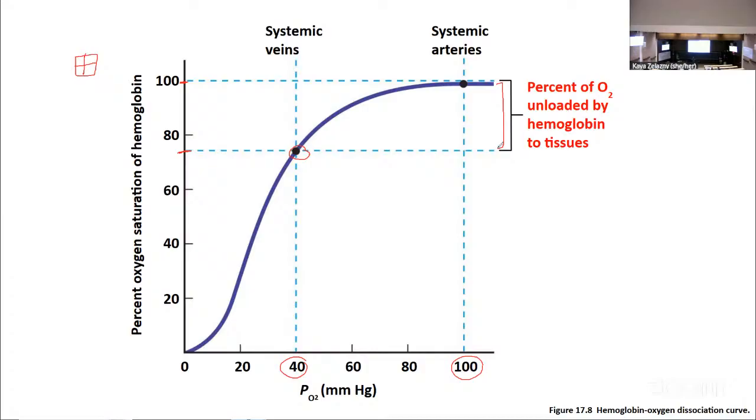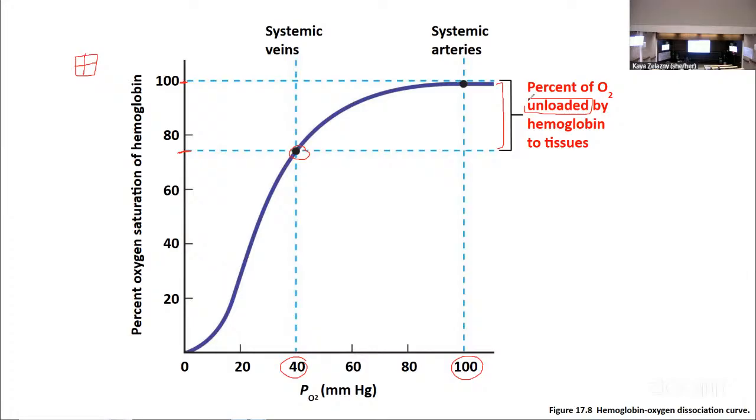It's because the artery is delivering oxygen to your tissue. The tissue uses that oxygen, and then the vein's just bringing the rest back. So that difference between those 2 points tells you how much of that oxygen got unloaded, is the word we use, unloaded from the hemoglobin and delivered to our tissue.